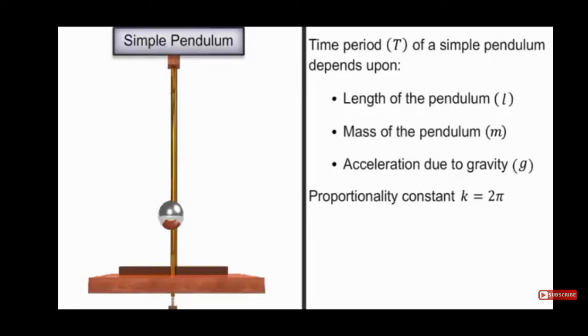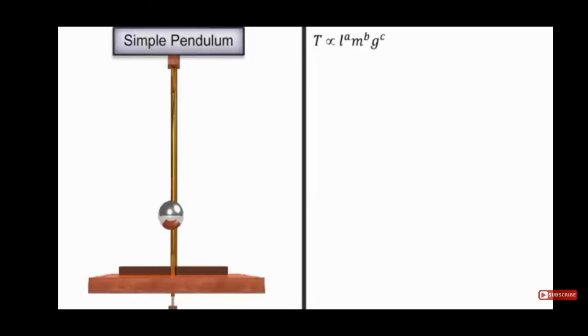We assume that the time period is proportional to L power a, M power b, and g power c, where a, b, and c are constants. Replacing the proportionality symbol, we get a constant k.